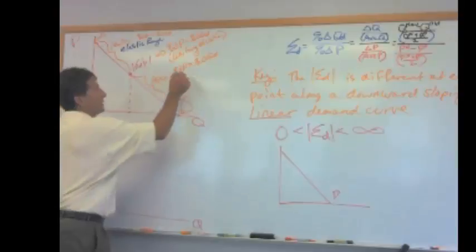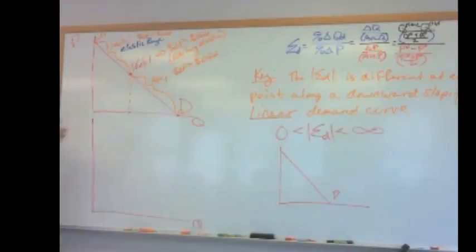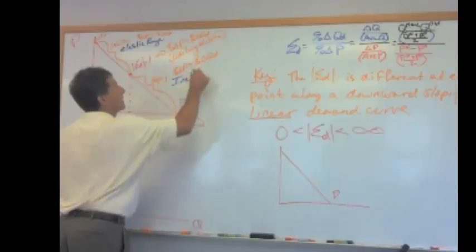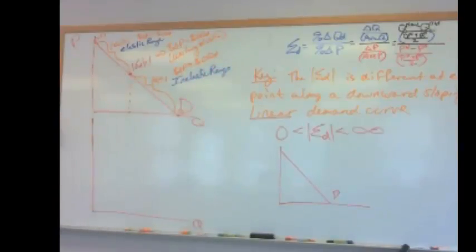Down here, just the opposite is happening. We change price by 10%, but we only sell 5% more. It's a smaller number. This is the inelastic range. So demand is elastic, demand is inelastic. It changes depending on where we're at.